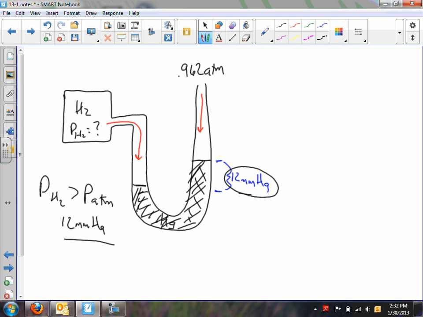However, my air pressure is in atmospheres, and these are in millimeters, and you can't add different units. So what I first need to do is take my 0.962 atmospheres and change that into millimeters.